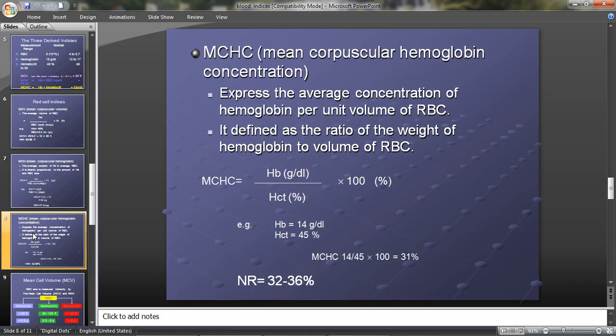Now remember, I am repeating that for the calculation of the blood indices, the blood indices are MCV, MCHC, MCH. You require three primary measures, that is the hemoglobin, hematocrit and the RBC count.